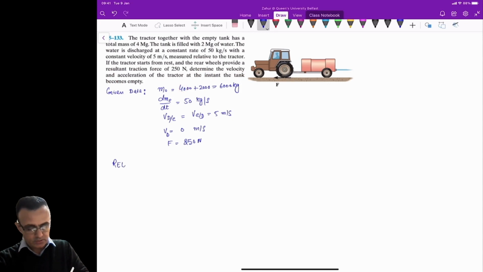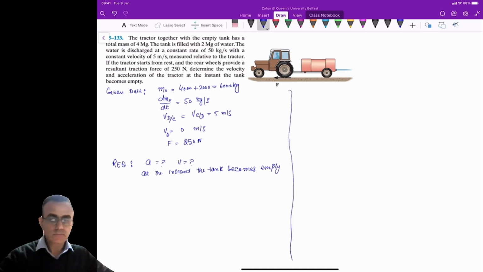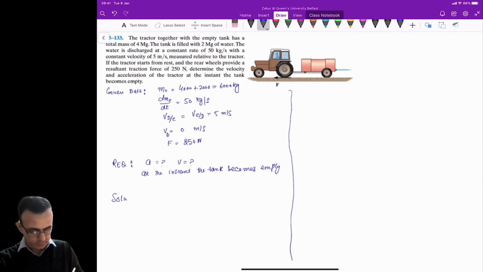So what you need to calculate: acceleration a is unknown and velocity is unknown. And you need to calculate this at the instant the tank becomes empty.